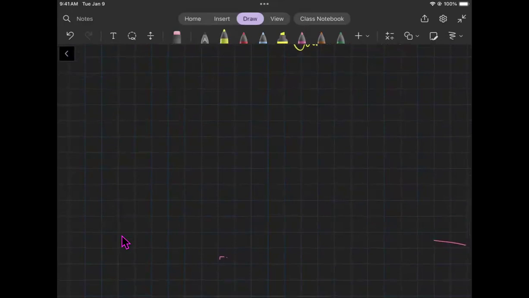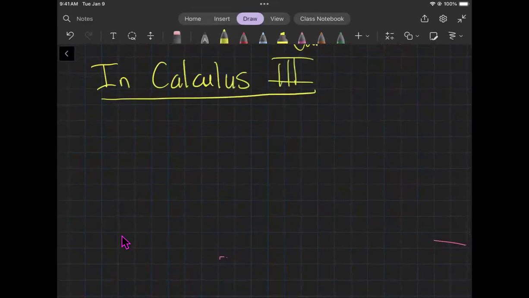Also in Calc 3, or possibly in calculus 2, but I know that you've seen this in Calc 3, where you looked at integrals in a vector field.